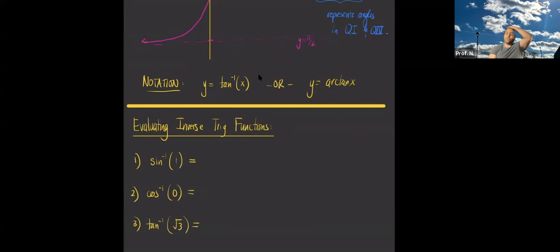So sine inverse of 1, think about it this way. Sometimes think about it in the regular way, meaning not sine inverse anymore. Sine inverse of 1 equals something is equivalent to saying sine of that something equals 1. So what angle should you know that when I plug in for sine gives me 1?